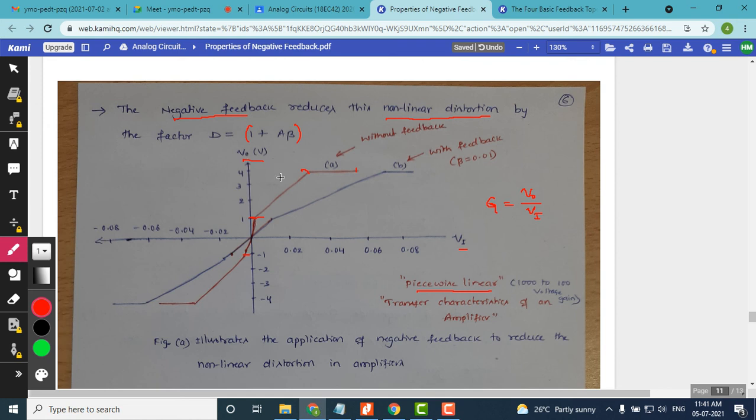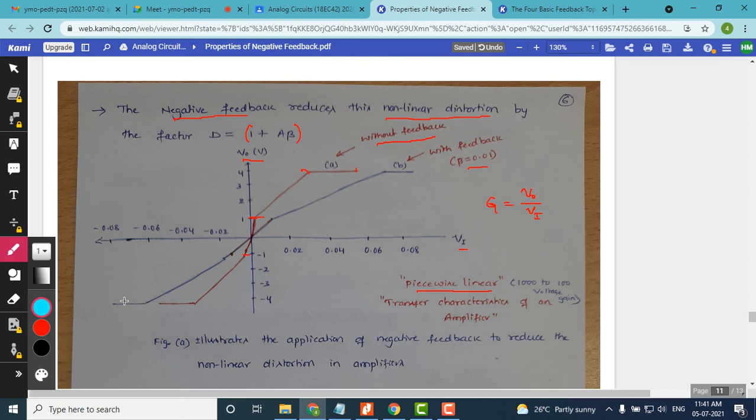The transfer characteristic for an active device without feedback is shown in red color, and with 0.01 or 1% feedback, you can see the transfer characteristic in the blue color line.